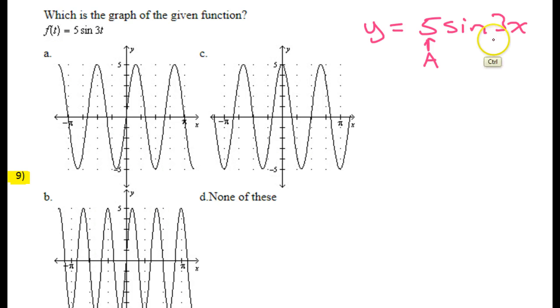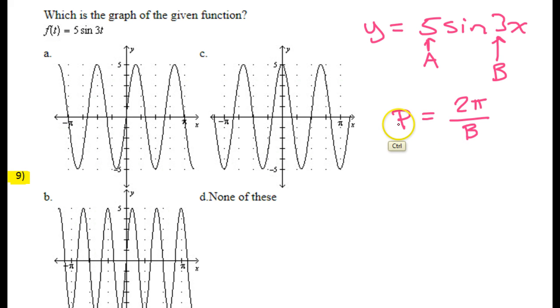So fine, moving on. Hopefully the b value here will narrow it down the rest of the way, because that's all we have. So the b value affects the period in the following way. The period is going to equal the period of the parent function divided by the b value.